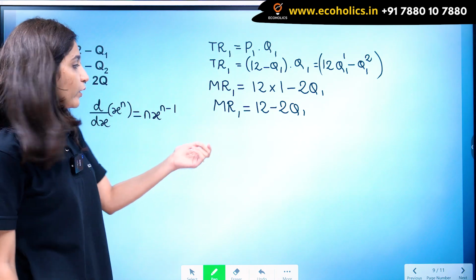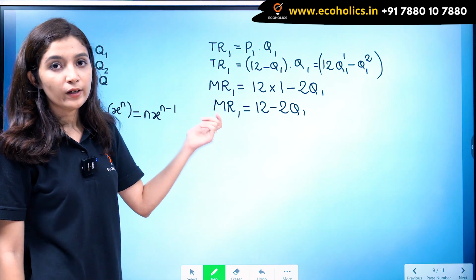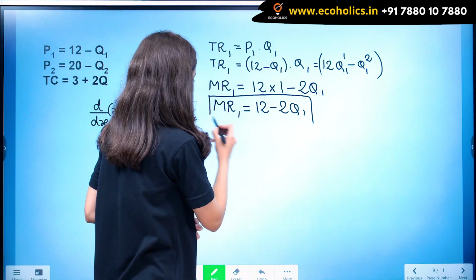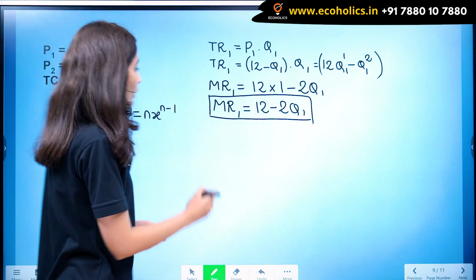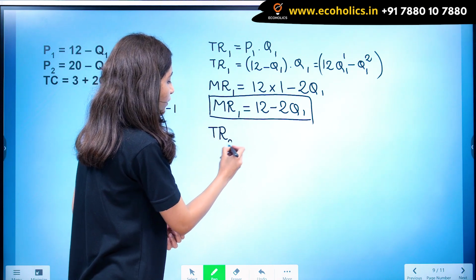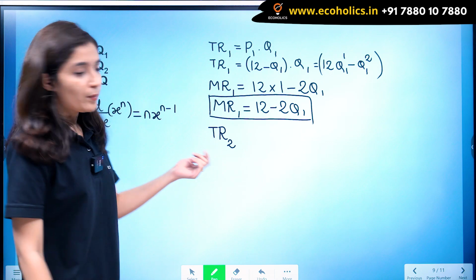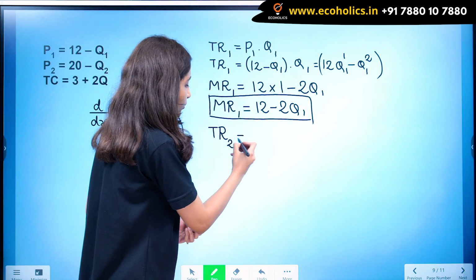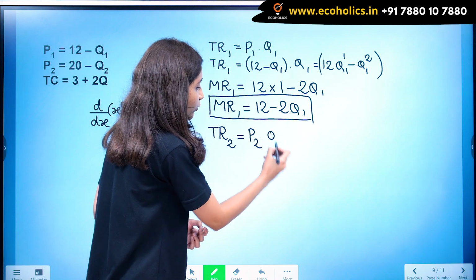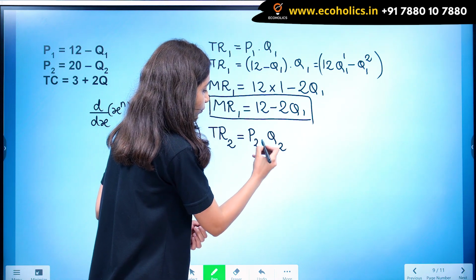Similarly, we are also going to find marginal revenue in the second market. The total revenue in the second market will be equal to P2 into Q2.